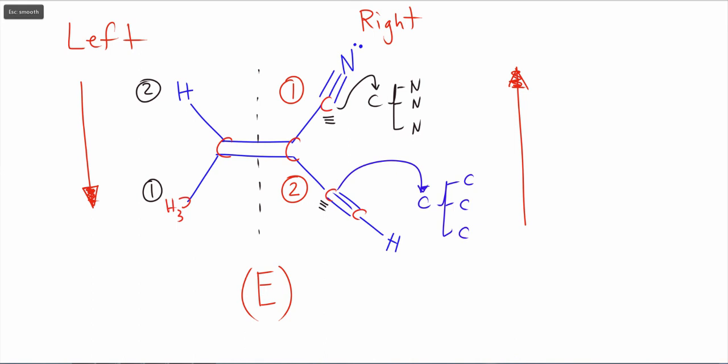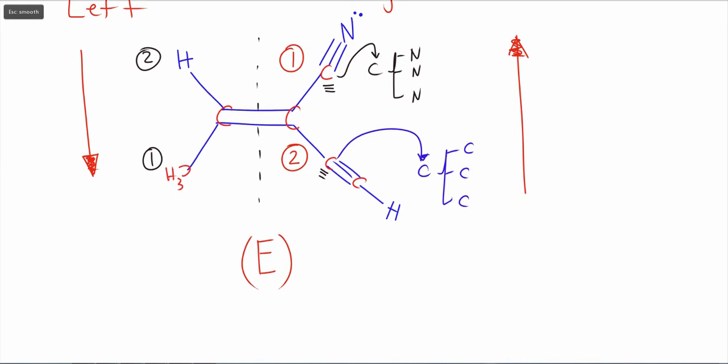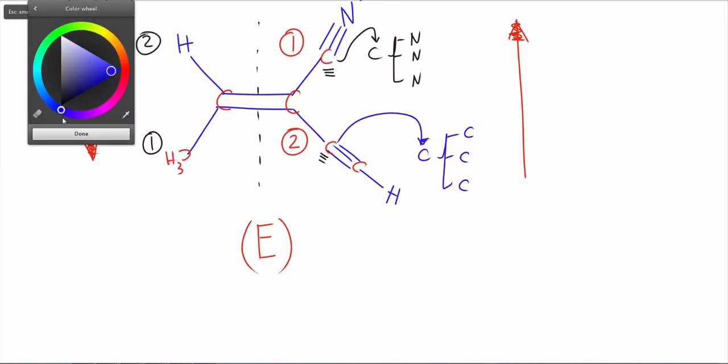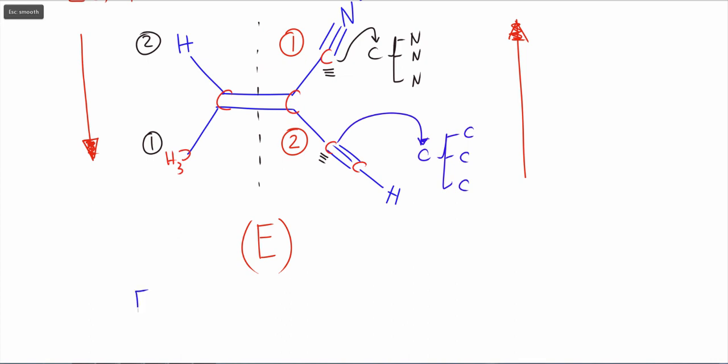You have to know how to find the first point of difference. If you are confronted with an sp2 carbon that has the same atom bound to it, that means we need to see what that atom is attached to.